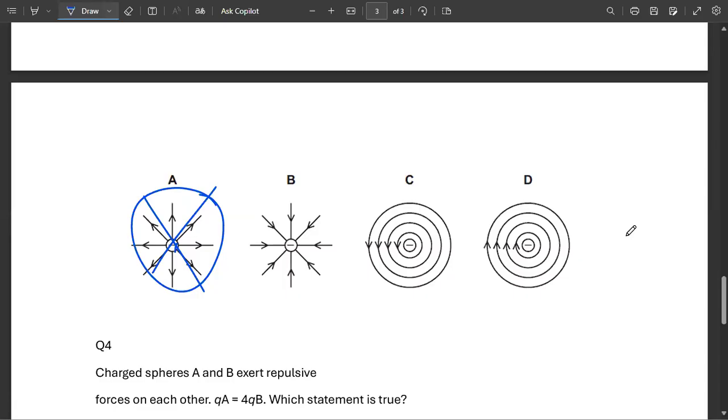Another thing that we are going to use is that the electric field lines are actually radial and not circular.